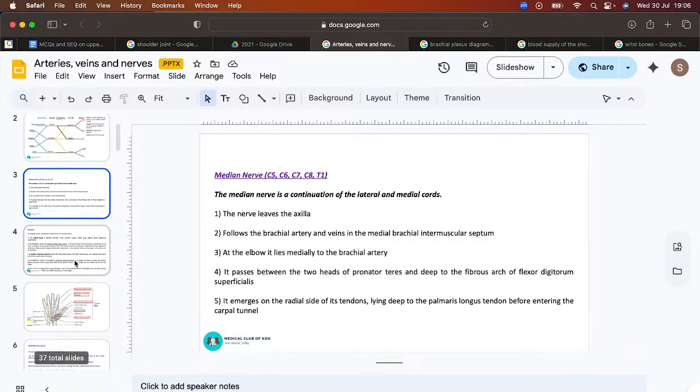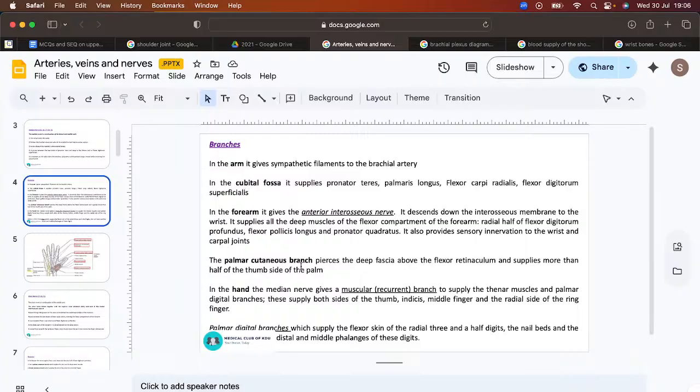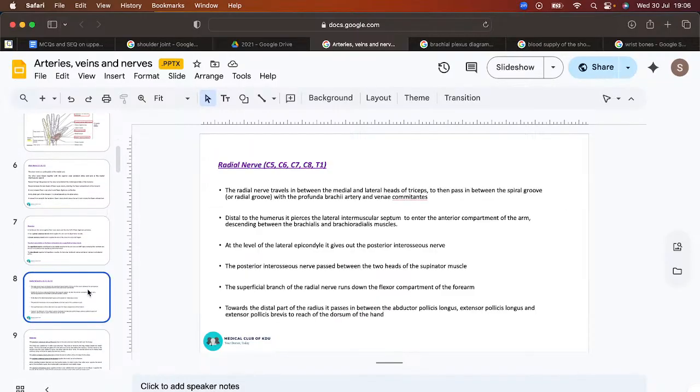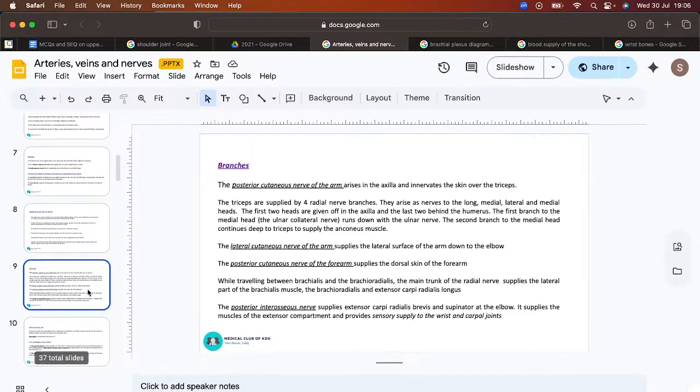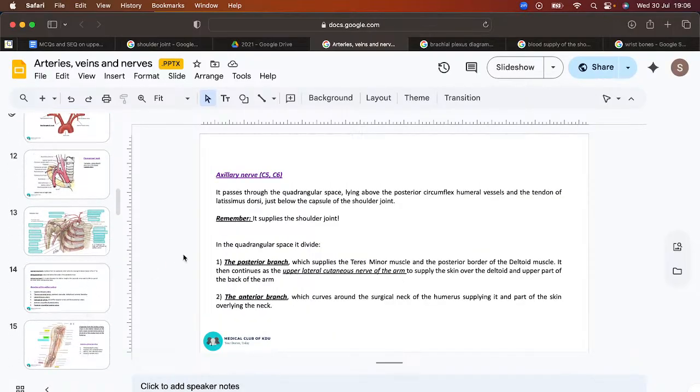These are all notes that I've taken from last year's anatomy. I summarized all the notes here and they give you the pathway and the innervation, the branches and all the muscles that it innervates for each nerve. You can go through this later on and you should know all of this information.